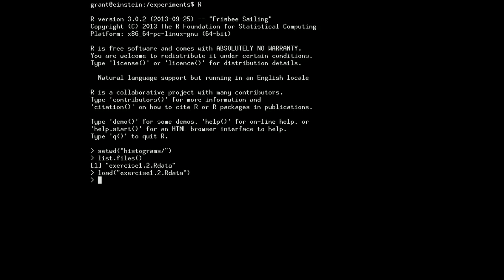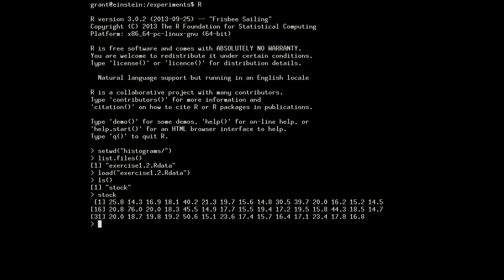And now let's see what variables we have listed in our workspace. If we type ls open parentheses, close parentheses to see what variables we have, we've got the variable stock. And if we type stock, we get a list of all of our data values. Now we can confirm we're supposed to have 44 of those.